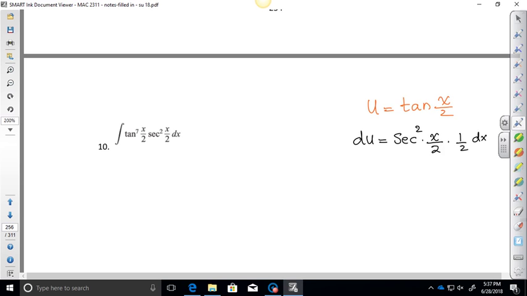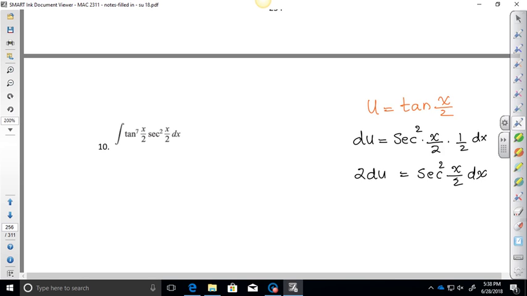So what do we do with that 1/2? Multiply by 2, right? Take it to the other side, which is multiplication by 2. So we have 2 du equals secant squared x over 2 dx.